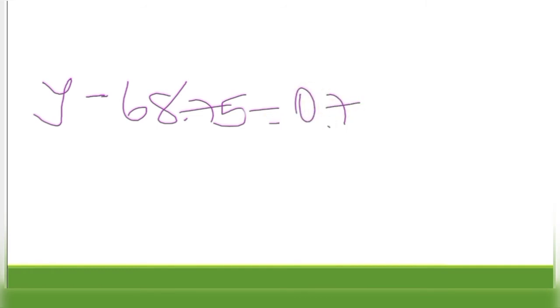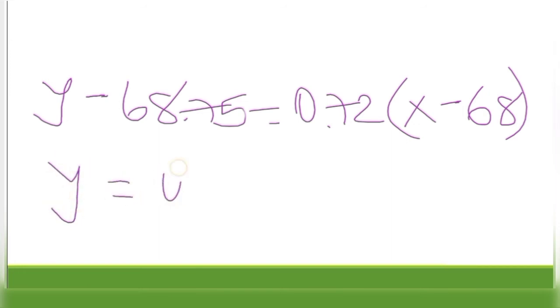So y bar is 68.75 equal to 0.72 into x minus 68. So on solving this, we'll get y is equal to 0.72x plus 19.79.